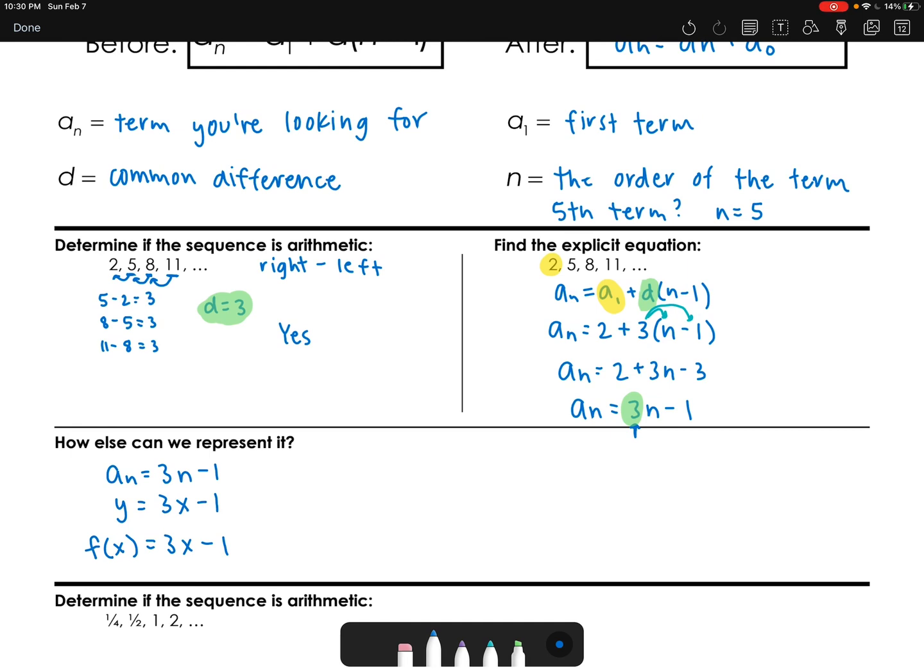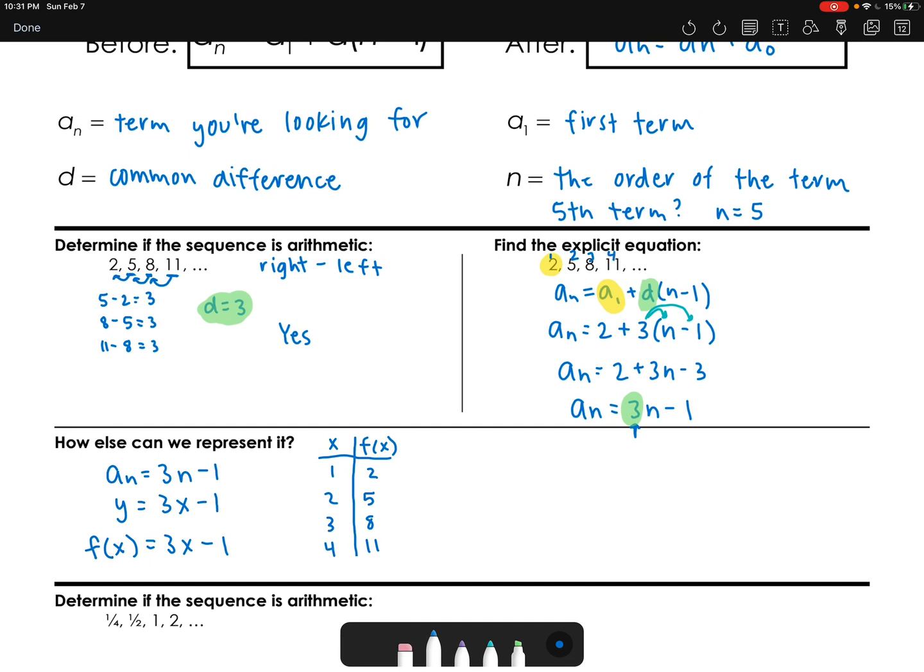slightly different, because if we were to graph this, well, let's first create a table here of our values. So we have our x, our inputs, and our outputs, right? And so our inputs in our list here were 1, 2, 3, 4, this was the first term, second term, third term, and fourth term. And then what we got with those values was 2, 5, 8, and 11, right?